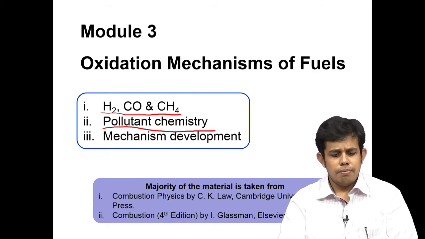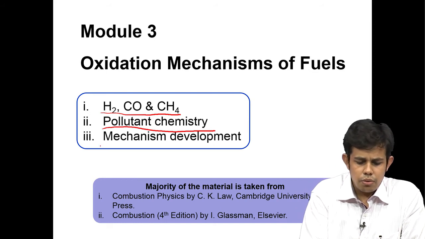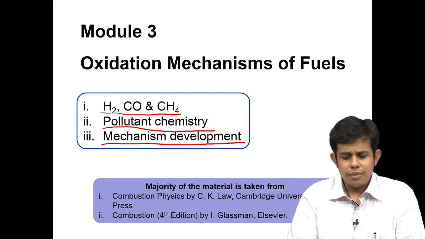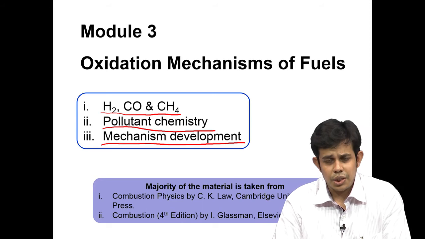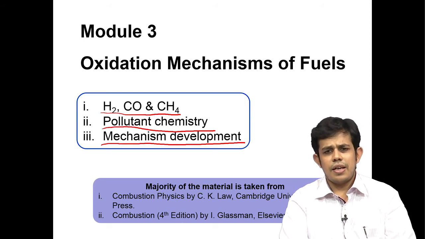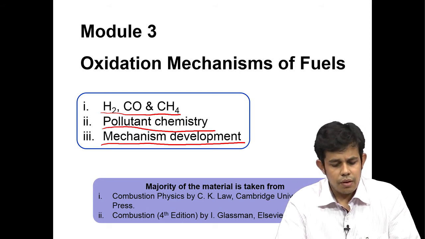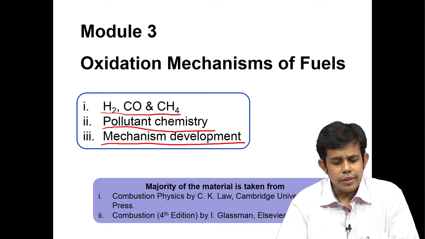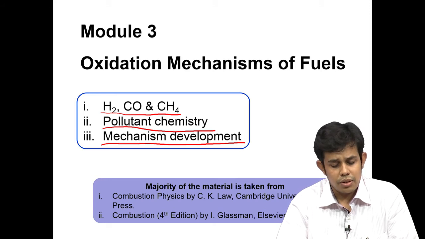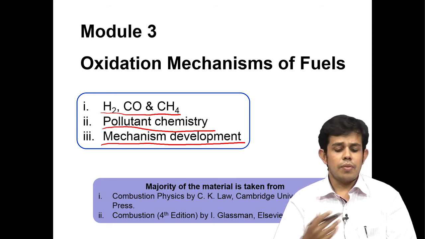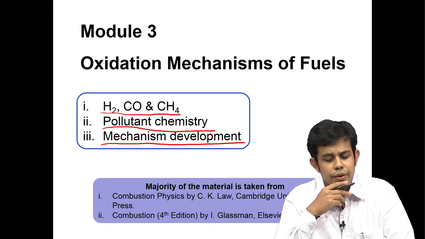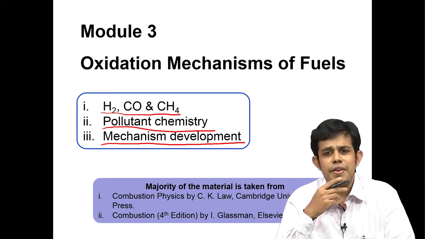Okay. Mechanism development and also mechanism reduction. That is, we will often see that the reaction mechanisms that are of interest, for example involving combustion of larger hydrocarbons, often involve too many species and too many reactions.